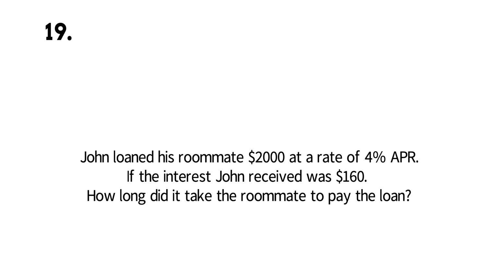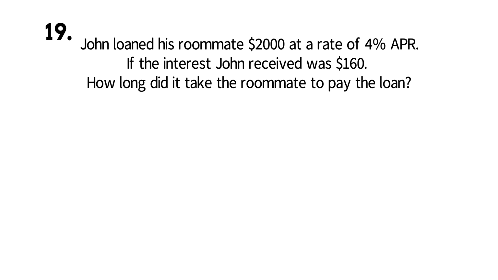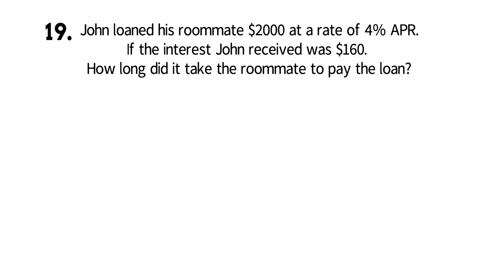Question 19. John loaned his roommate $2,000 at a rate of 4% APR. If the interest John received was $160, how long did it take the roommate to pay the loan? This is another common kind of word problem. This is a simple interest question.